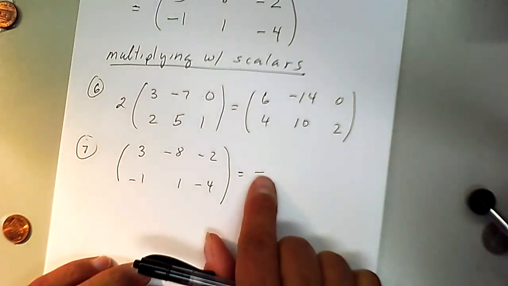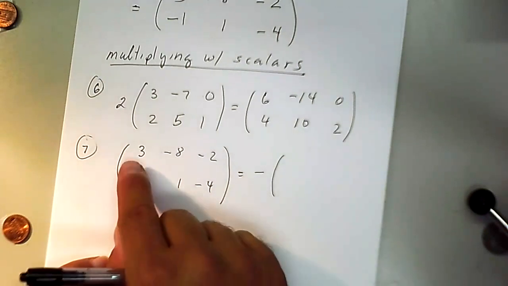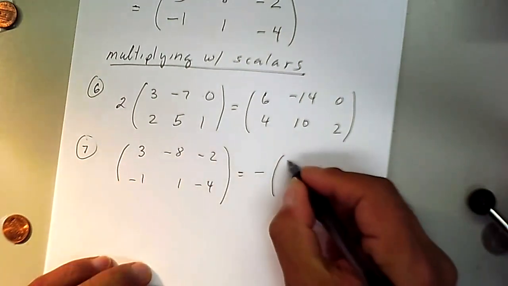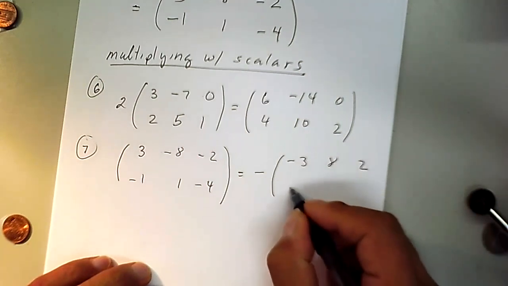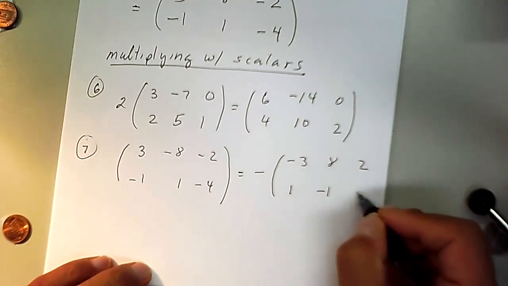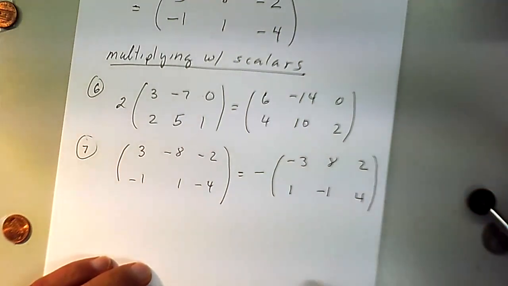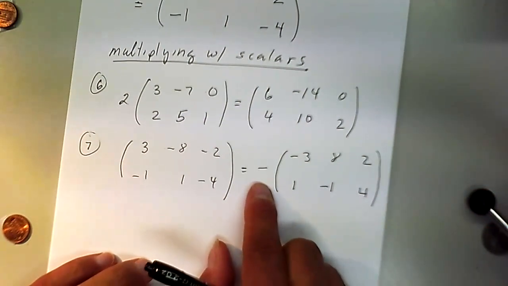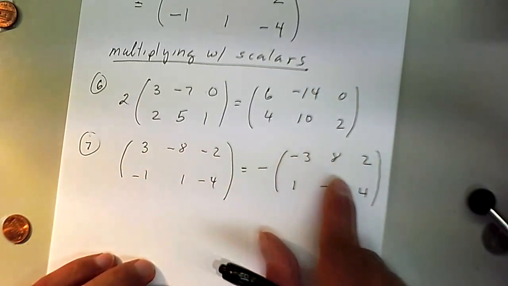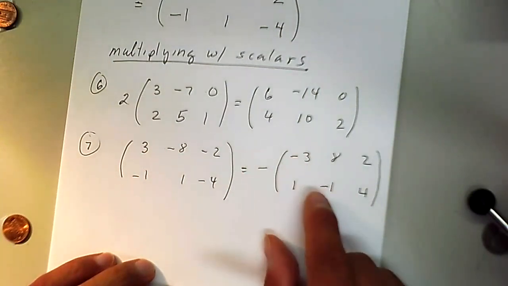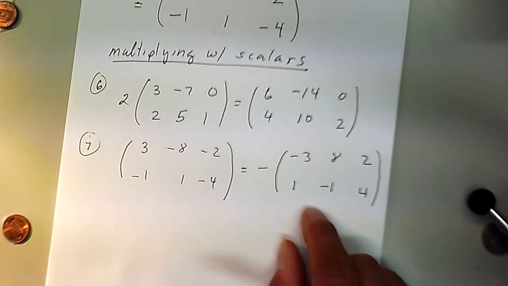It's really -1, but we don't put the 1. And so this would turn into -3, 8, 2, 1, -1, 4. And somebody may ask, well, why would you want to do that? There's a couple of reasons, but a simple one is here, this matrix has 4 negative numbers. This matrix has only 2 negative numbers. And so that could be perhaps easier to work with.